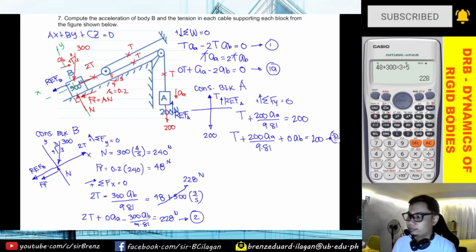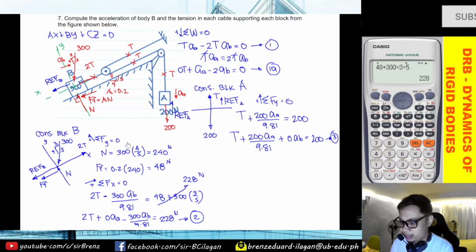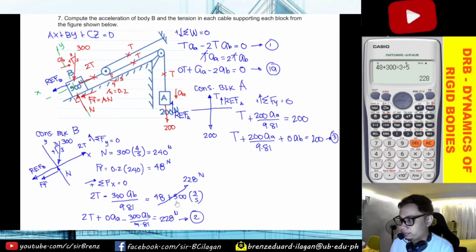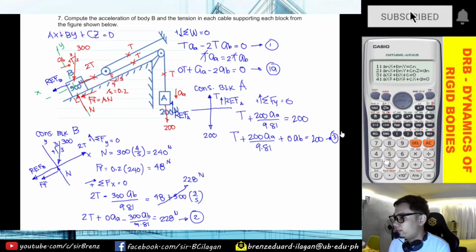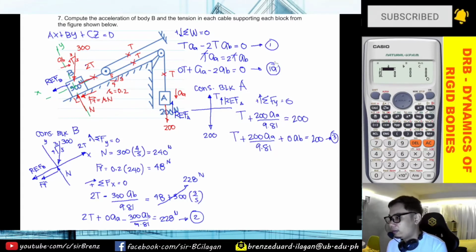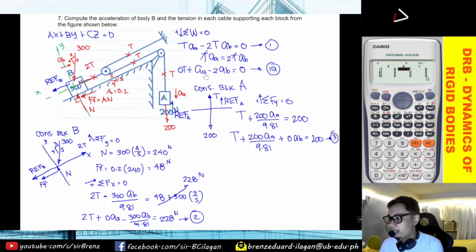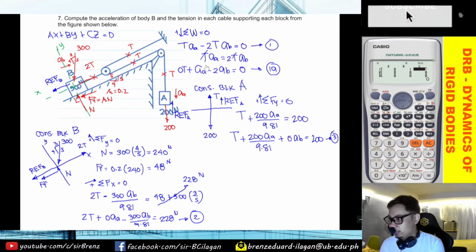Ayan. So I think we can now solve. So again, mode, and then 5, and then 2. Insert lang natin yung mga values. So let's start with equation number 1. So 0t, so 0. And then for b, that is the acceleration of block A, so that will be 1. And then ito, this will become negative 2. And then 0.